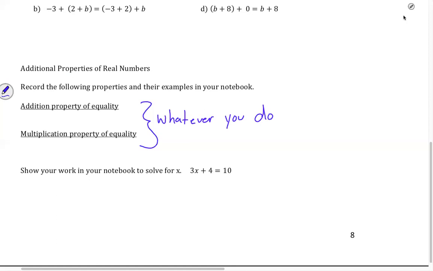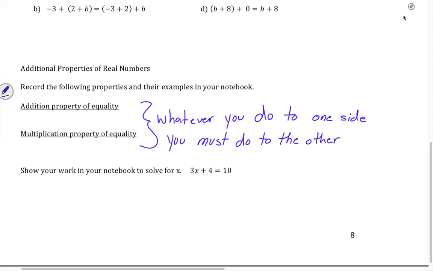Anybody want to finish that statement? Whatever you do to one side, you do to the other. There you go. Whatever you do to one side, you must do to the other.